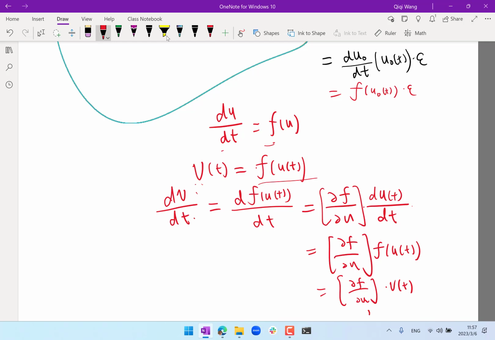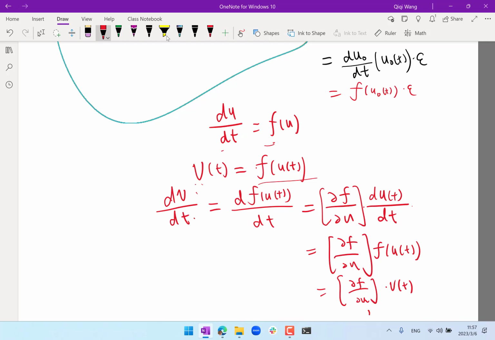So as long as the system does not settle into a fixed point, right? If the system settles into a fixed point, then du dt will ultimately become 0. But if the system does not settle into a fixed point, then du dt would not go to 0, so it will not eventually decay.